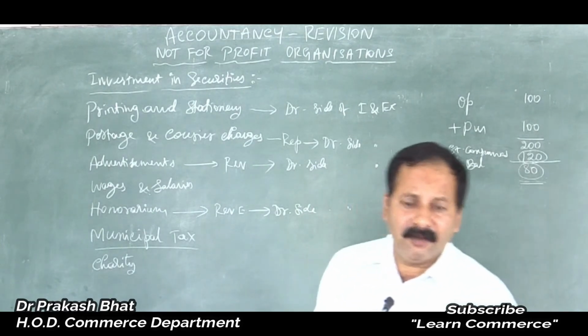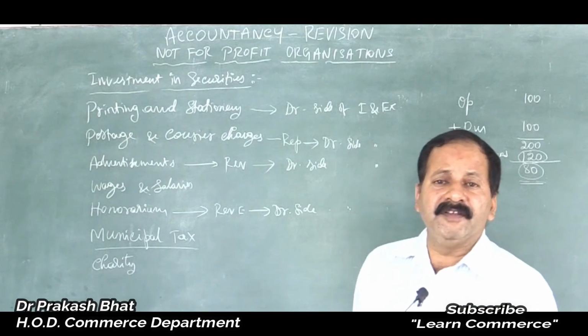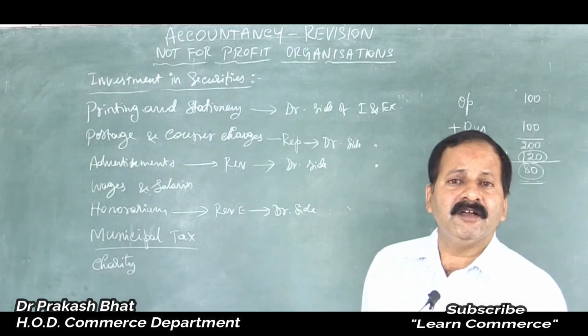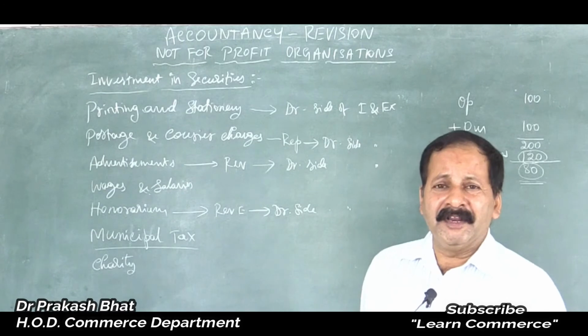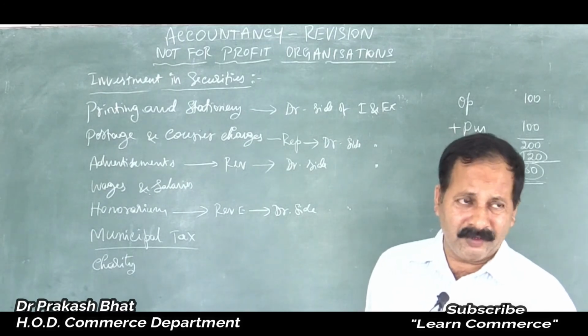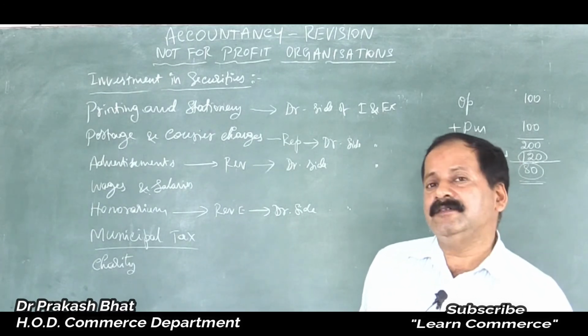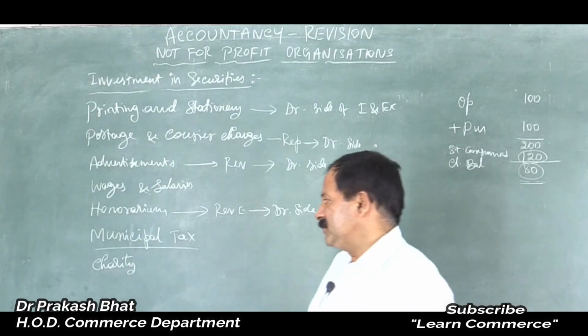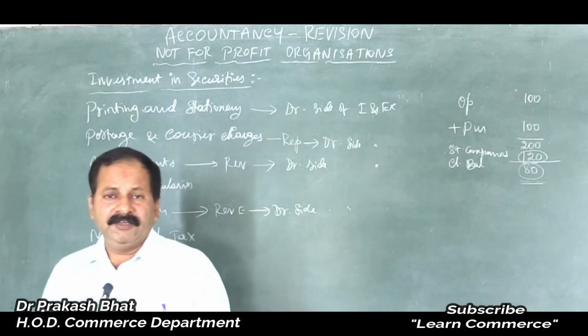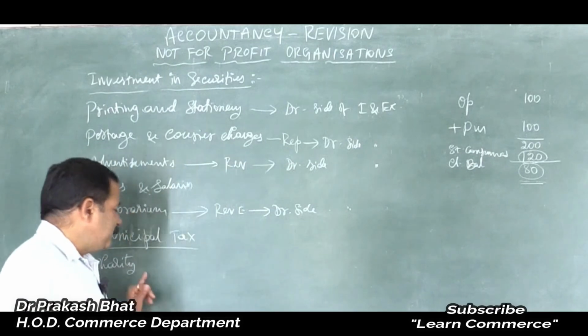Though charity is given away on humanitarian grounds or for helping the poor, with some ethics, still it is an expense for the not-for-profit organization, as they have to pay the amount.